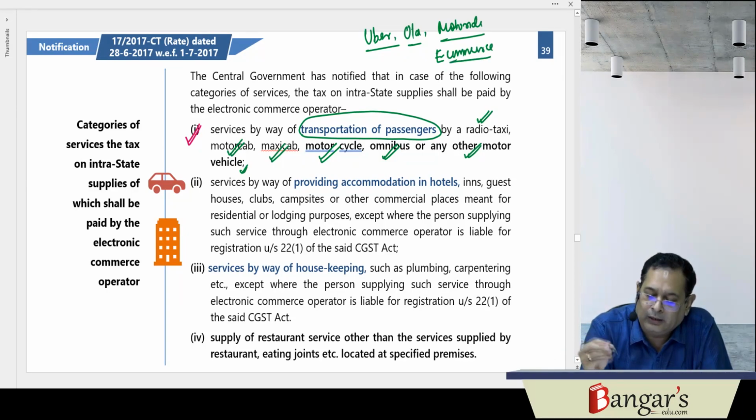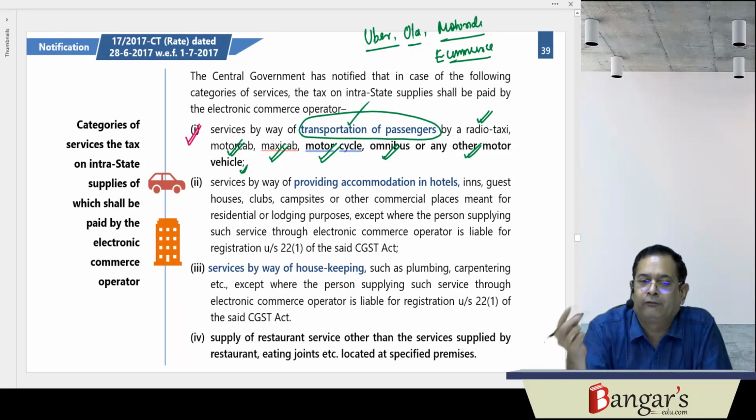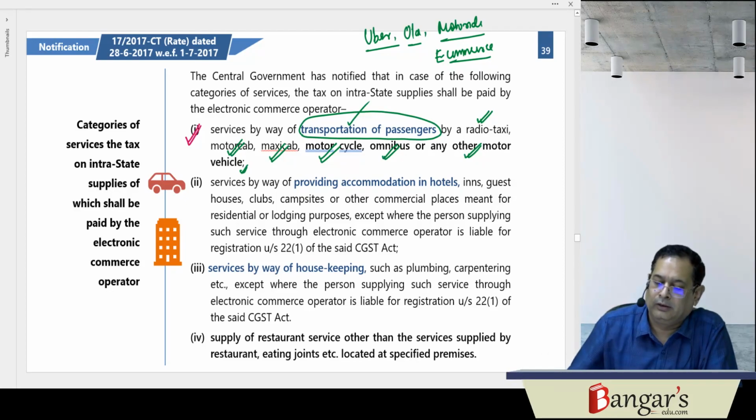They are engaged in providing a platform where various persons can get themselves registered, and we will be availing these services. So who will be regarded as the supplier? The e-commerce operator will be regarded as the supplier.